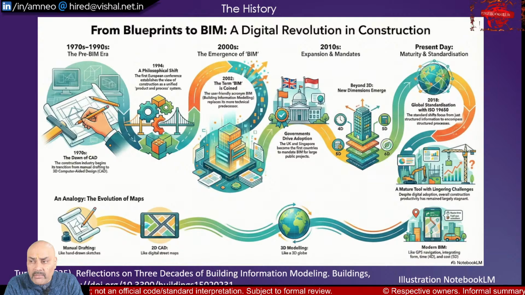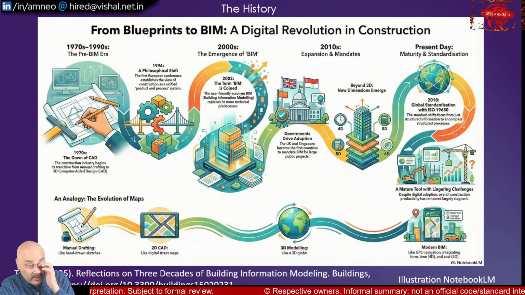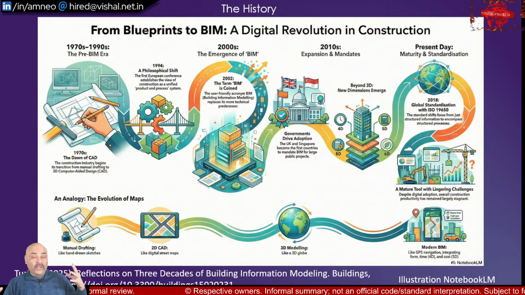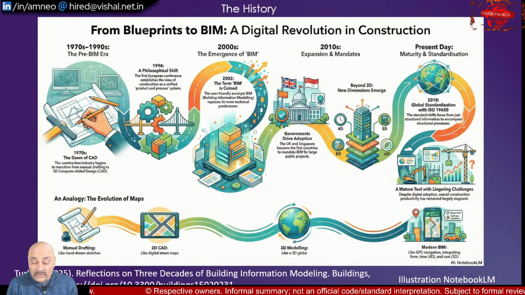Then they started thinking beyond 3D, which was the visual information. They wanted money and time to be evaluated too. When we talk about 3D, 4D, 5D, 10D, 20D, there's no specific definition of all these. It's only an unsaid industry understanding that 4D means time, and 5D is all about money and cost control. And then in 2018, the ISO more.